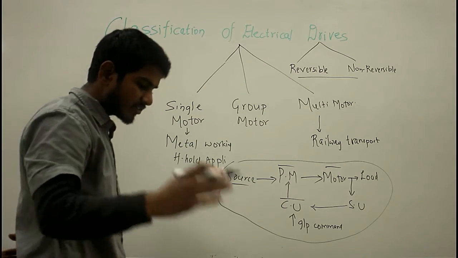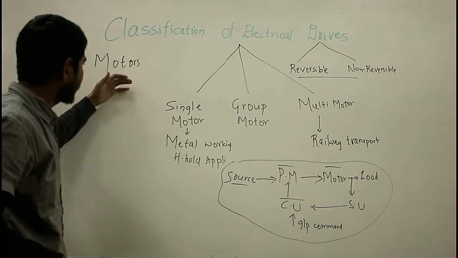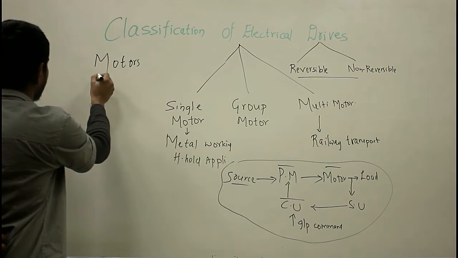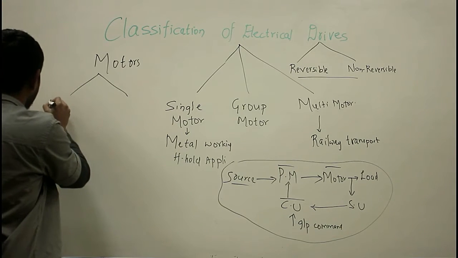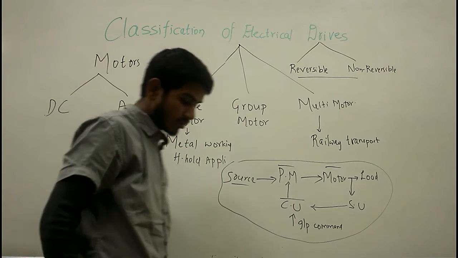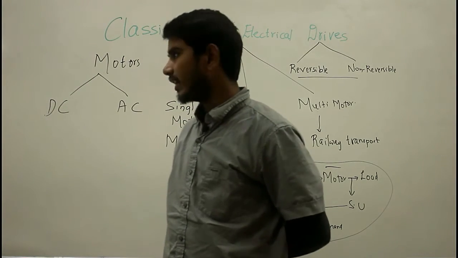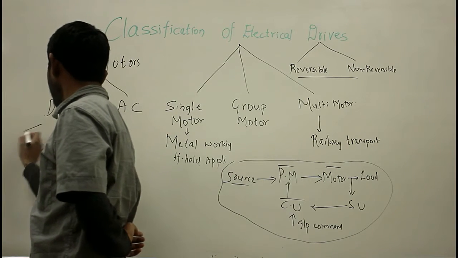Now, there are various types of electric motors available. So, if you divide the electric motors, they are broadly classified into two types. One is DC electric motors and the other one is AC electric motors. Now again your DC electric motors can be classified into four types.